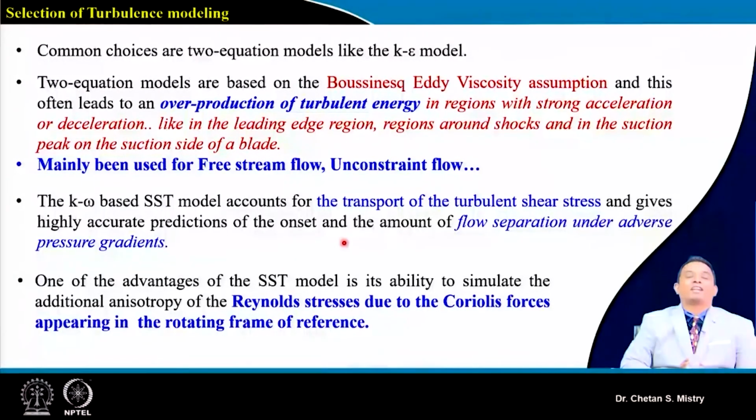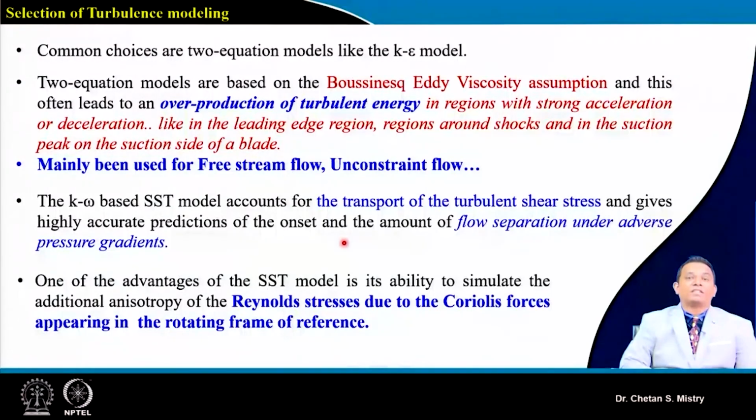We have restricted flow between two blades, a constrained flow configuration. Under that configuration, the SST K omega model needs to be used. It captures the flow separation under adverse pressure gradient correctly, and it was proposed by Menter. The beauty of this SST model is that it analyzes the Reynolds stress due to the Coriolis component appearing in a rotating reference frame.